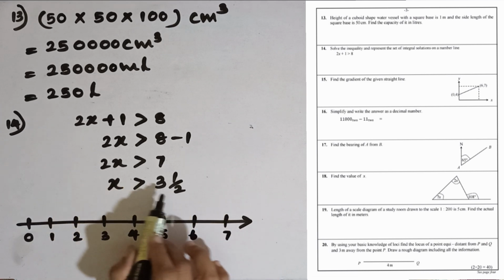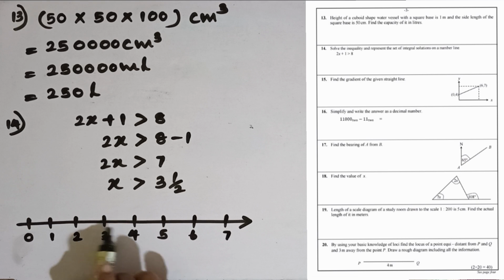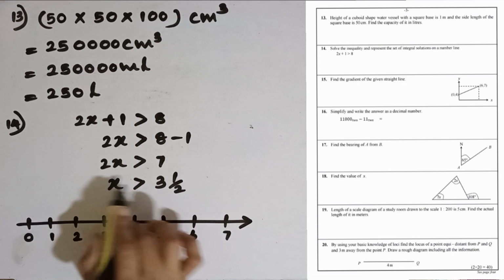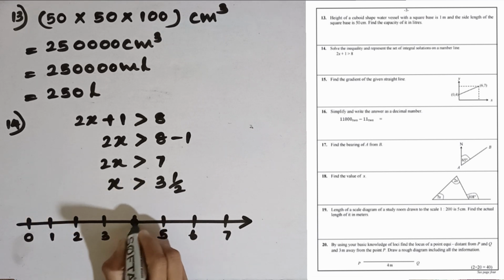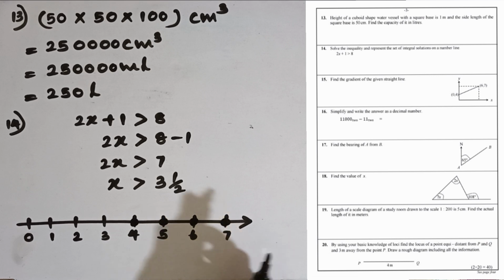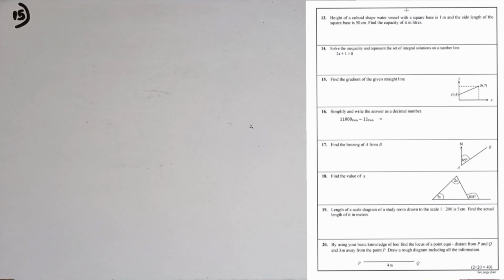Then x is greater than 3 and a half. 3 and a half is here, in between 3 and 4. So the first integer including this inequality is plus 4. Then plus 5, plus 6, plus 7. In this way we can represent the solutions. All should be integers.